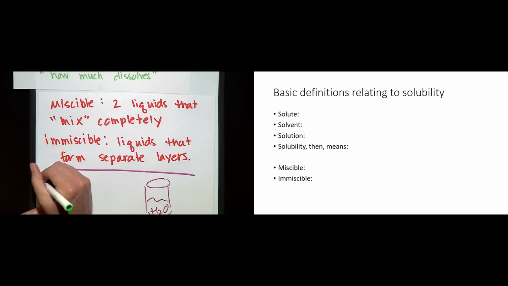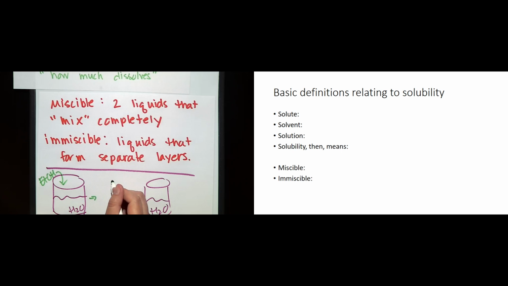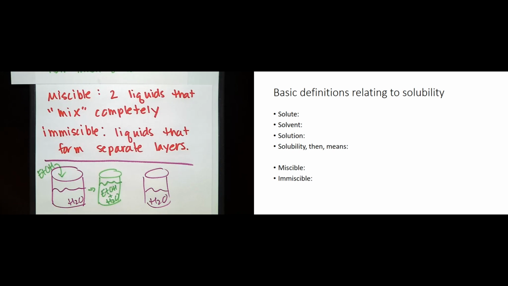I'm going to add ethanol to water, and what happens is, because ethanol is miscible with water, it completely blends, and you can't tell where the ethanol is and where the water is. The molecules of ethanol and the molecules of water are completely commingled. We can't see where one ends and the other begins.